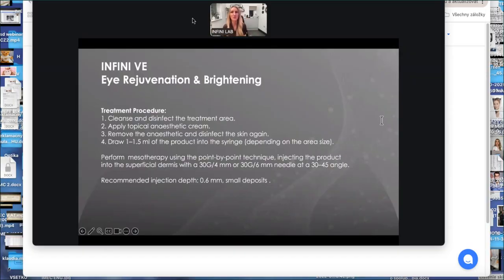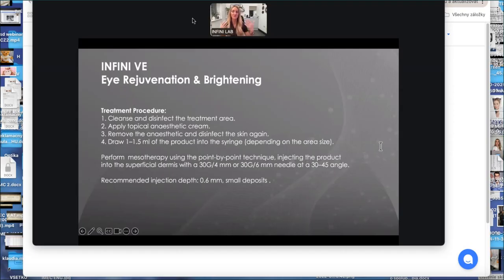I wouldn't go more than 0.3 milliliter per eye for the lower eyelid, then around 0.1 milliliter on the top eyelid, and around 0.1 milliliter under the brow arch to support the orbicularis oculi muscle. So in total it's around 0.5 milliliter per eye, and it's more than enough for the first session.